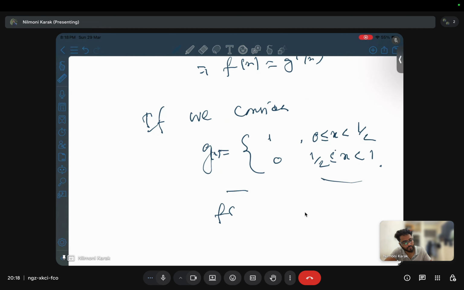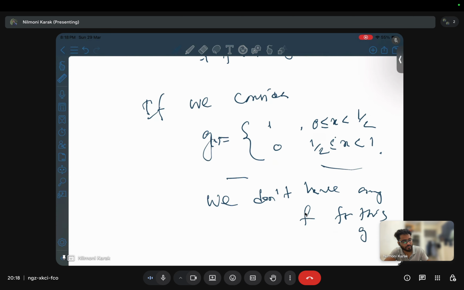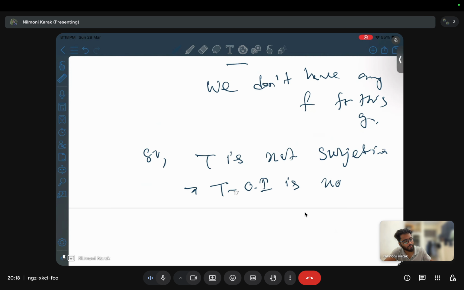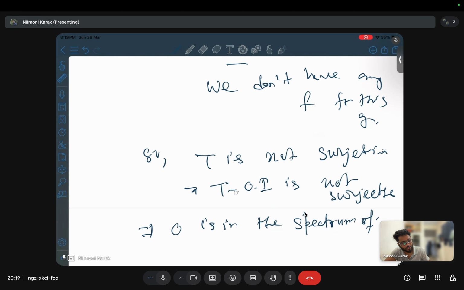So we don't have any f for this g, right? We cannot find any f for this g. So T is not surjective, and T minus 0 times I is not surjective. So 0 is in the spectrum of T.